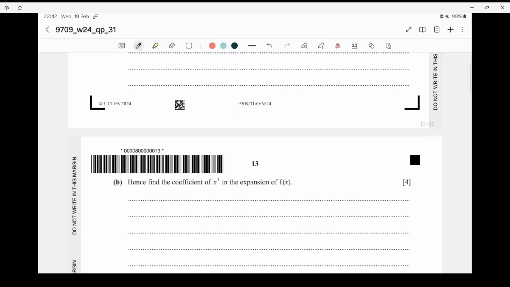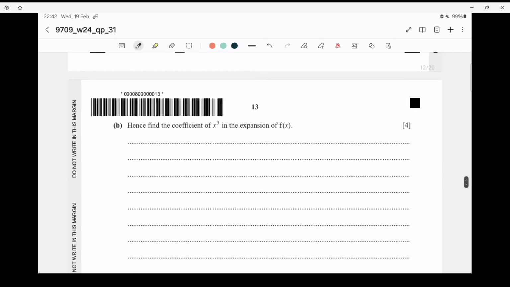So over here, you need to use the binomial expansion. So f(x) is given by (1 plus 2x) to the power of minus 1 plus (2x plus 3) multiplied with (x squared plus 2) to the power of minus 1.